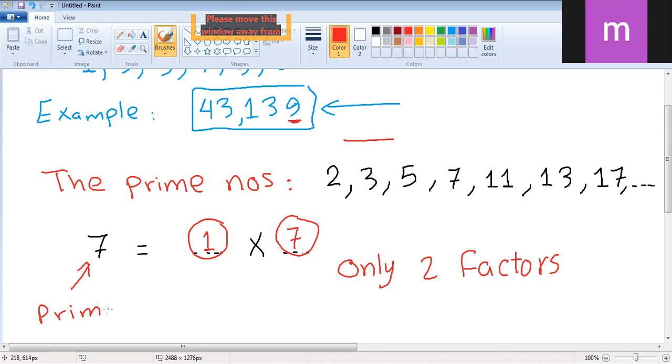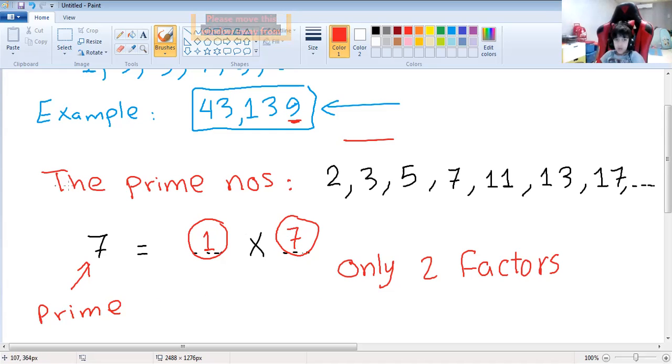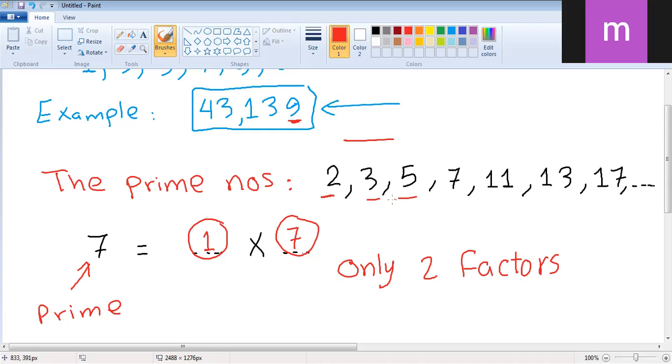What are the prime numbers again, Rosin? 2, 3, 5, 7, 11, 13, 17. If you choose any number from them, like 13, what are the factors of 13? Only 1 and 13.